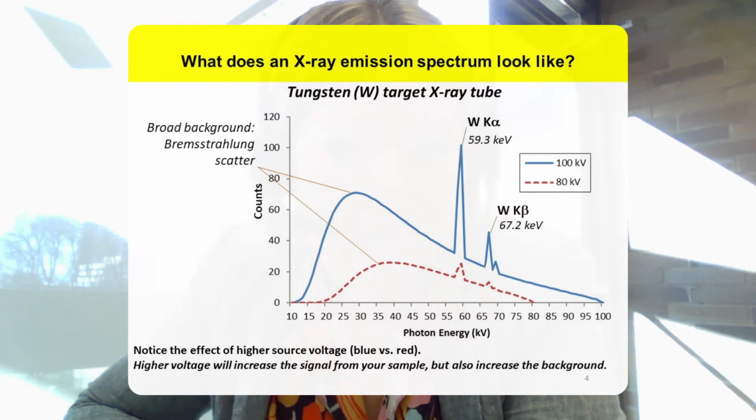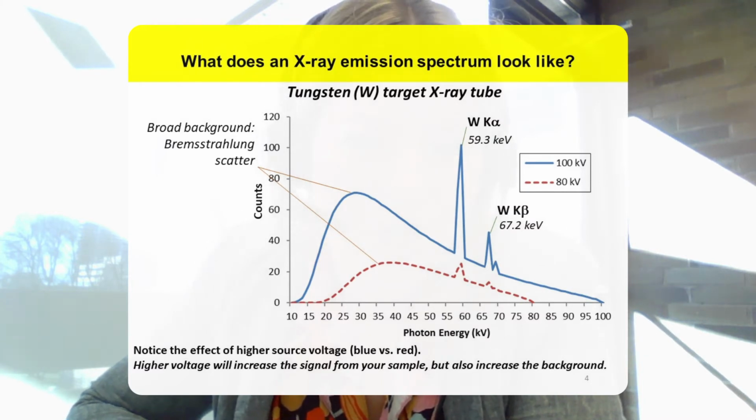So depending on the elements you want to detect, you may have more than one X-ray tube. These characteristic lines will differ depending on what your metal anode material is. Incoming X-rays will most efficiently eject an electron if their energy is equal to or slightly greater than the element of interest.